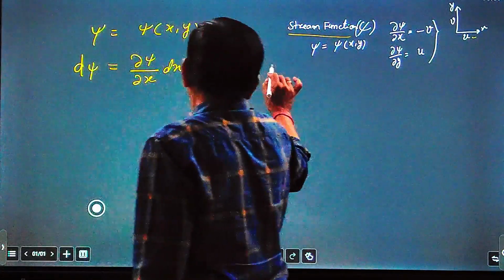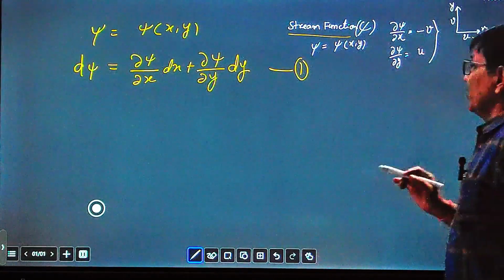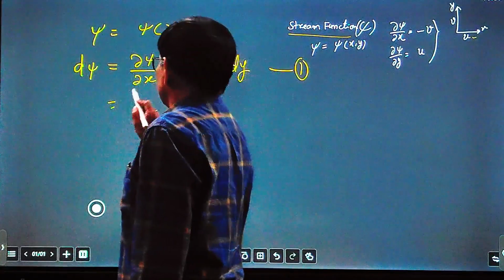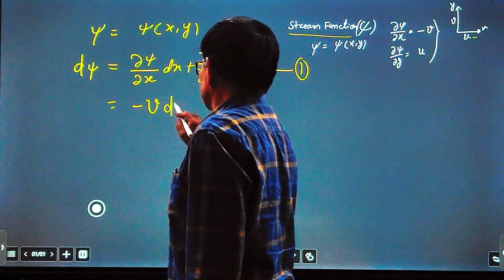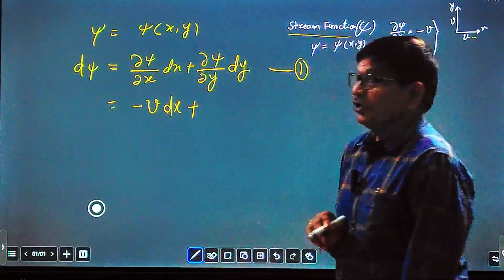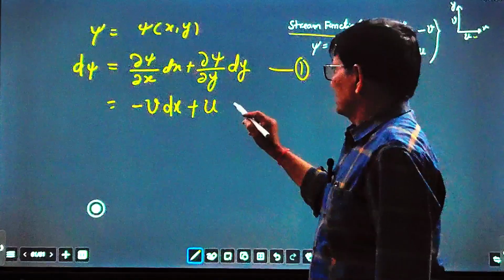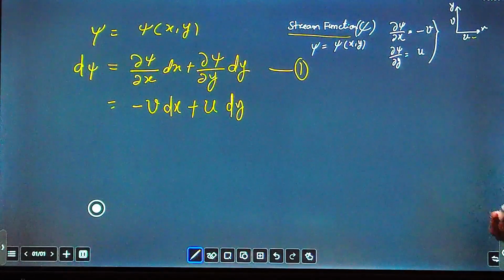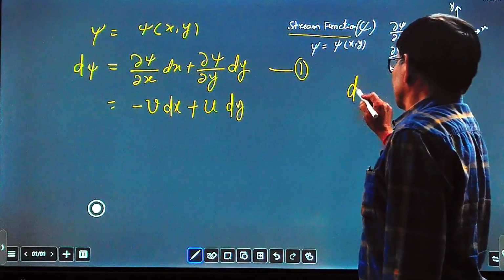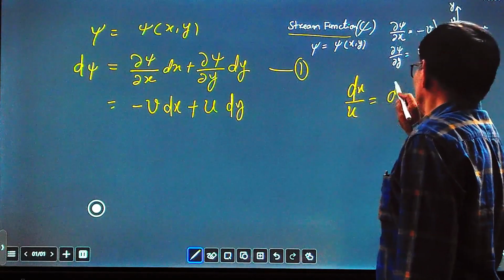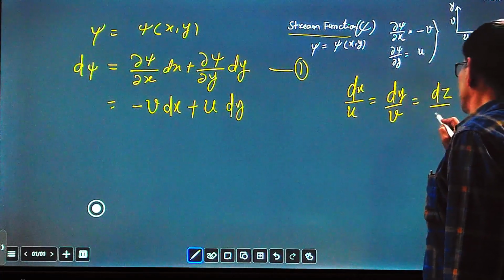This is a general equation related to the stream function, and we have already defined that del psi over del x equals minus v, and del psi over del y is the velocity along the x direction, u. Recall from our streamline equation that dx over u equals dy over v equals dz over w.